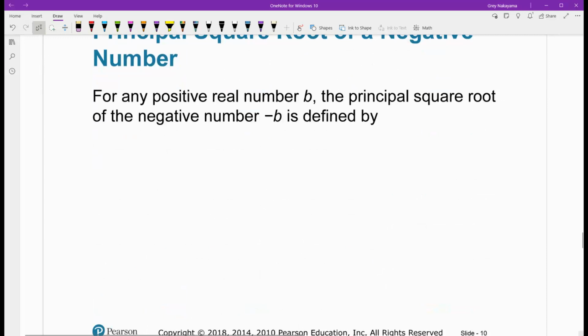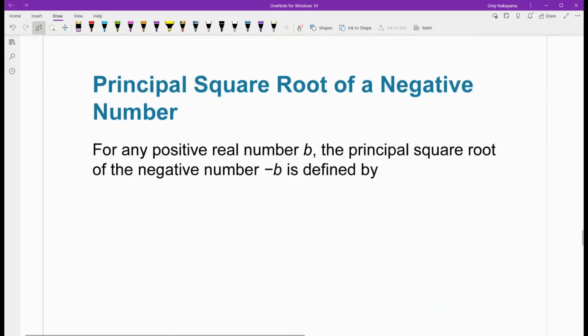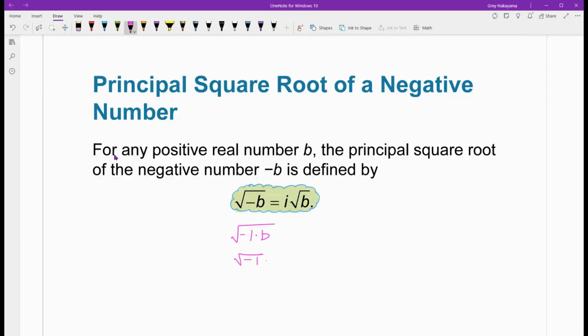All right. Now, another thing you need to be familiar with is the principal square root of a negative number. So whenever you see the square root of negative b, think of it like this: the square root of negative 1 times b, which is the square root of negative 1 times the square root of b.